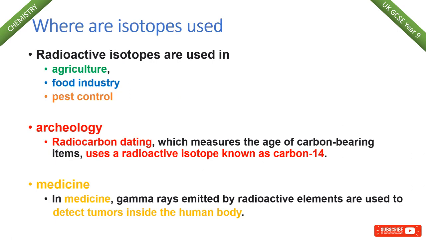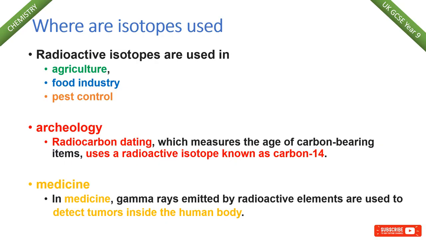Now, you may be wondering, or you might not, where are isotopes used? Radioactive isotopes are used in agriculture, which is farming, the food industry, such as the stuff you buy from the supermarket, pest control, which is like bug spraying, etc., archaeology, and medicine.